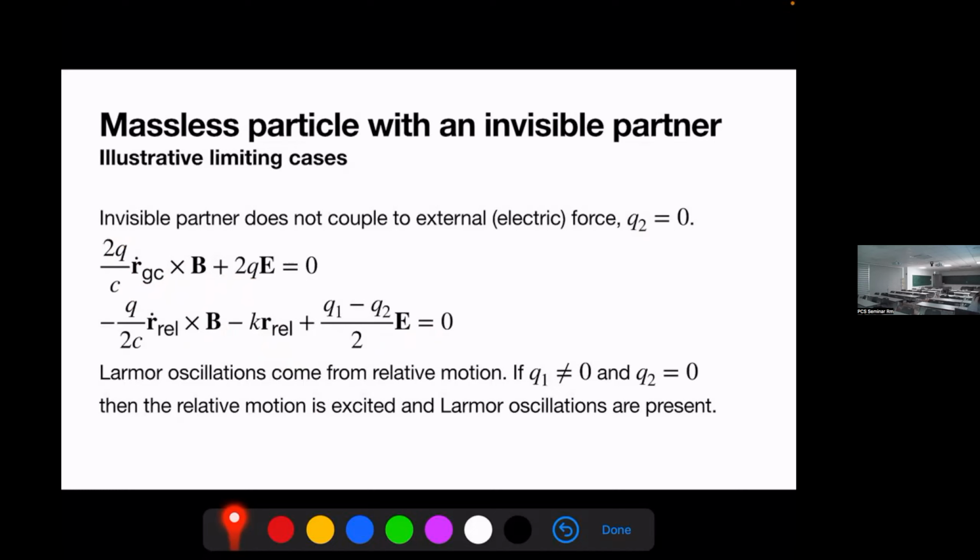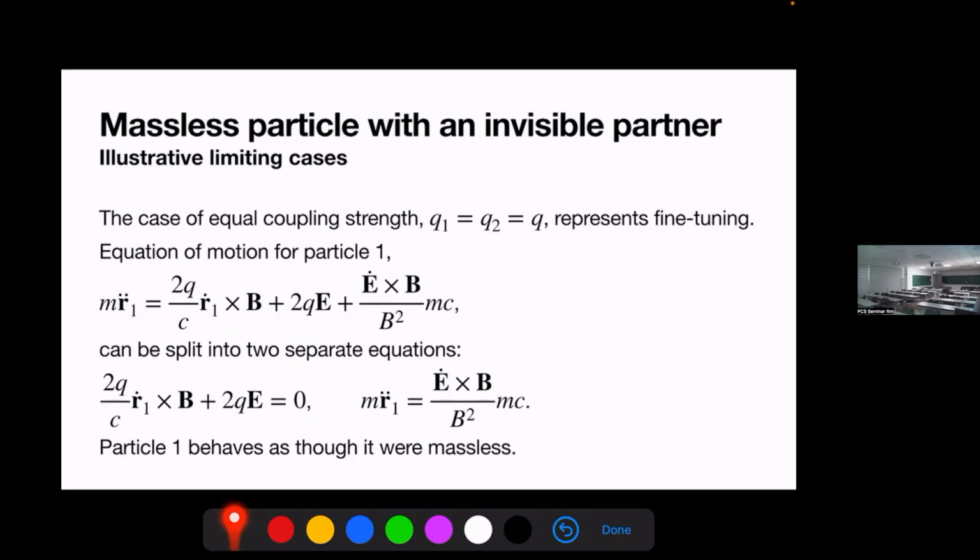So the relative coordinate has Larmor oscillations, and therefore particle 1 has Larmor oscillations as well. So that's the usual case. That's what happens when you excite a skyrmion bubble with an applied magnetic field. It only couples to the longitudinal component of MZ. It doesn't couple to the transverse components, which are the invisible particle.